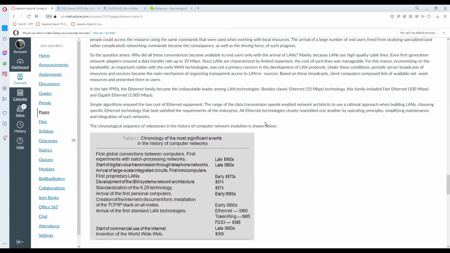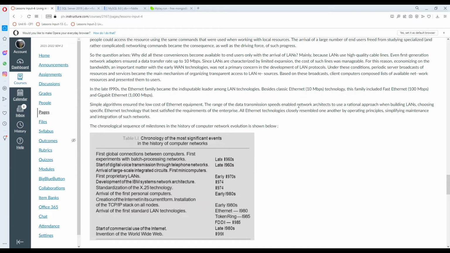In the late 90s, Ethernet became the undisputed leader in LAN technologies. Classic Ethernet is a 10 Mbps technology; this family also includes Fast Ethernet, or 100 Mbps, and Gigabit Ethernet, which is 1000 Mbps. Simple algorithms ensure the low cost of Ethernet equipment.